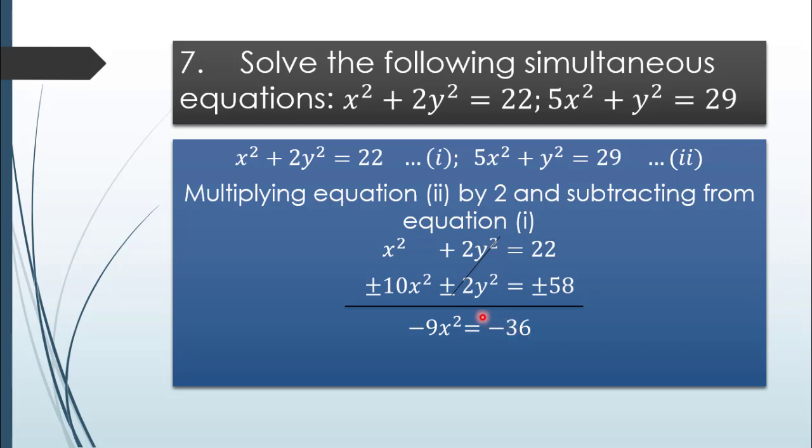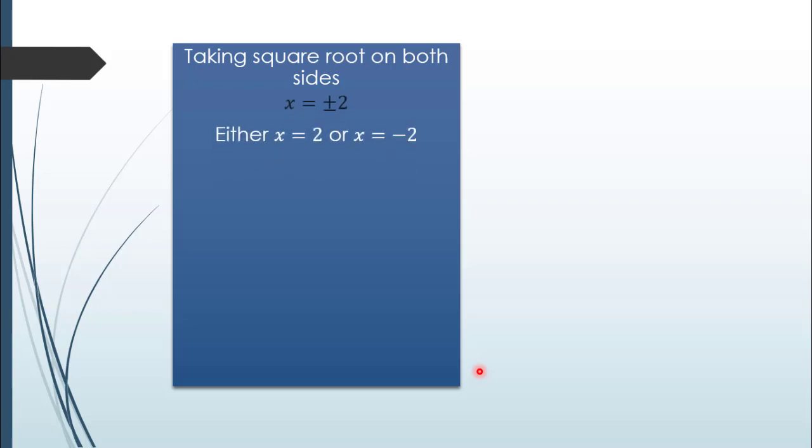Cancelling the minus sign and dividing this equation by 9, we get x square is equal to 4. Taking square root on both sides, we get x is equal to plus minus 2. It means either x is equal to 2 or x is equal to minus 2.